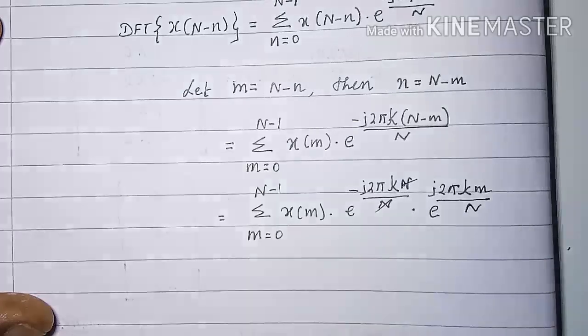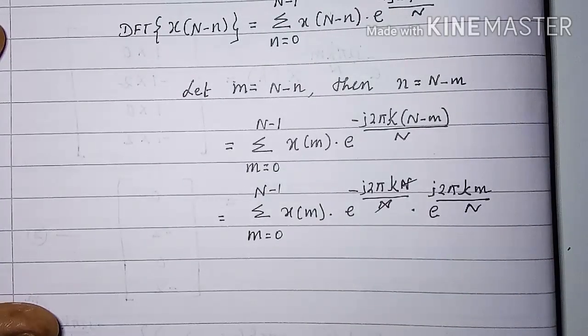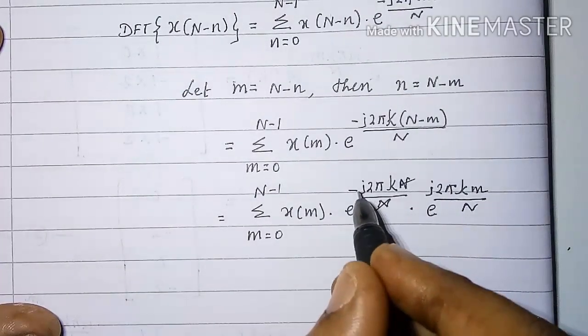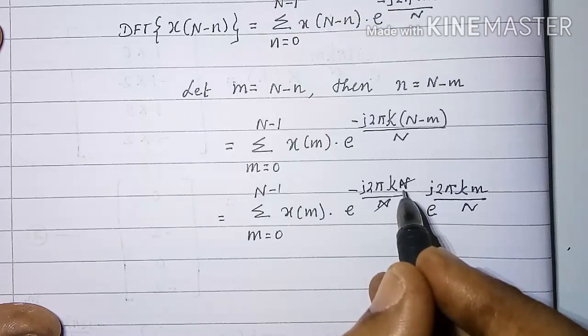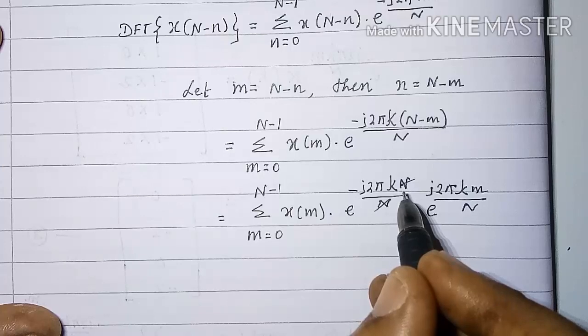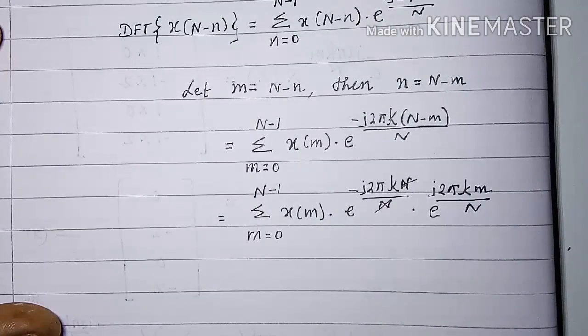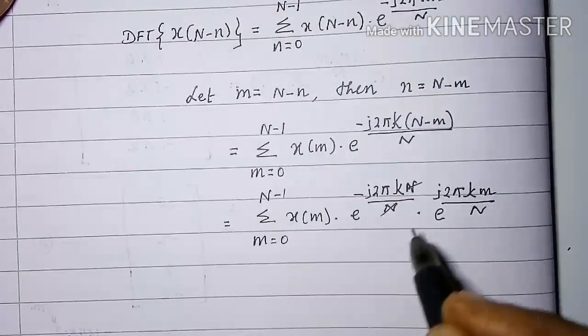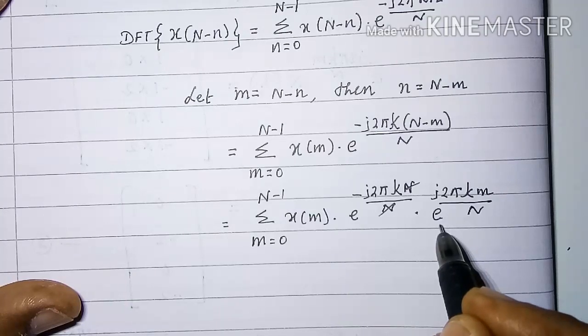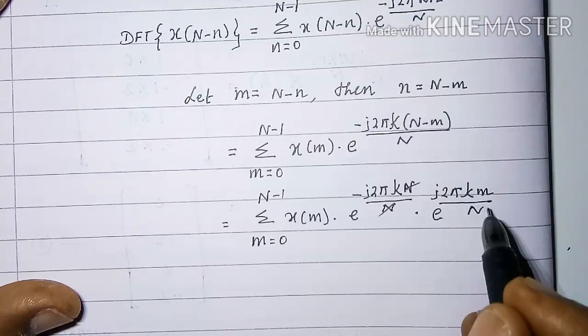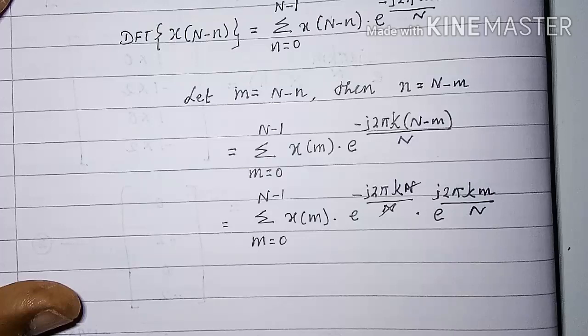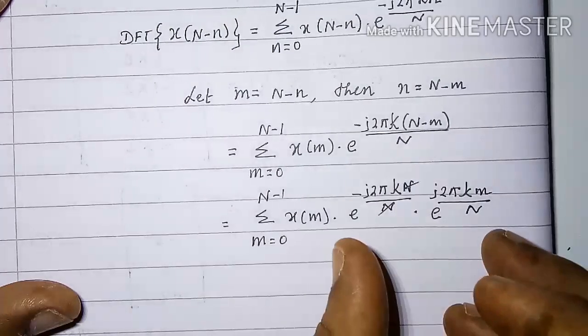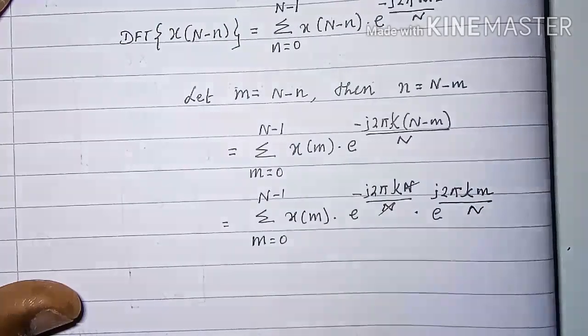Now N and N will get cancelled. e raised to minus j 2 pi k into e raised to minus j 2 pi km upon N will be having as exponent part.